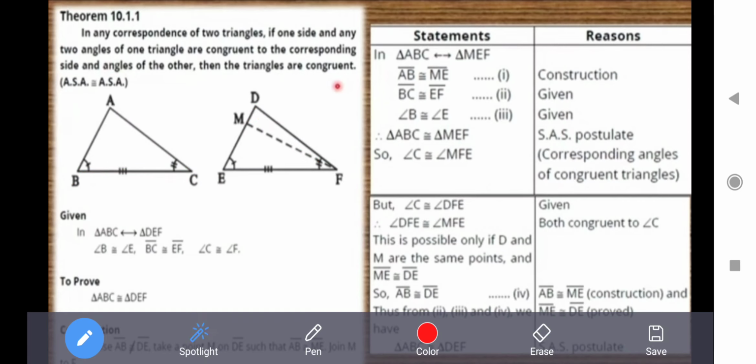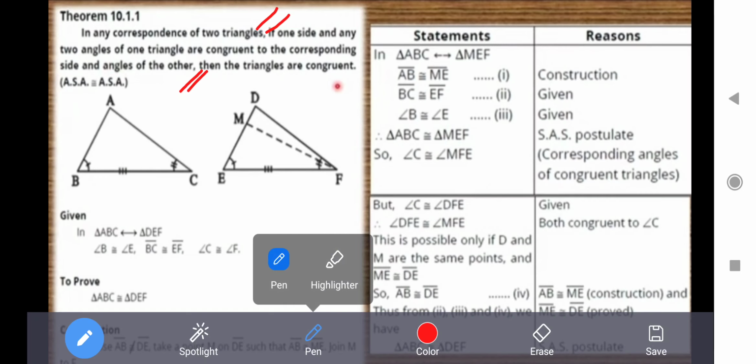Again, going back to the statement: in any correspondence of two triangles, like you can see we have taken two triangles. The statement after the if, till this comma, I'll read: if one side and any two angles of one triangle are congruent.